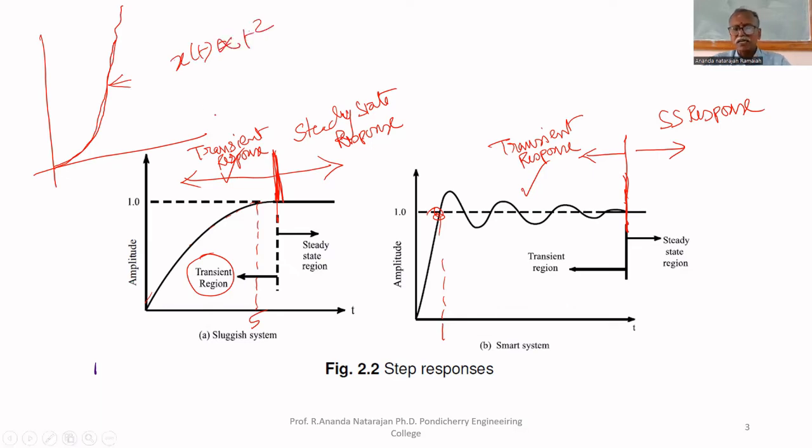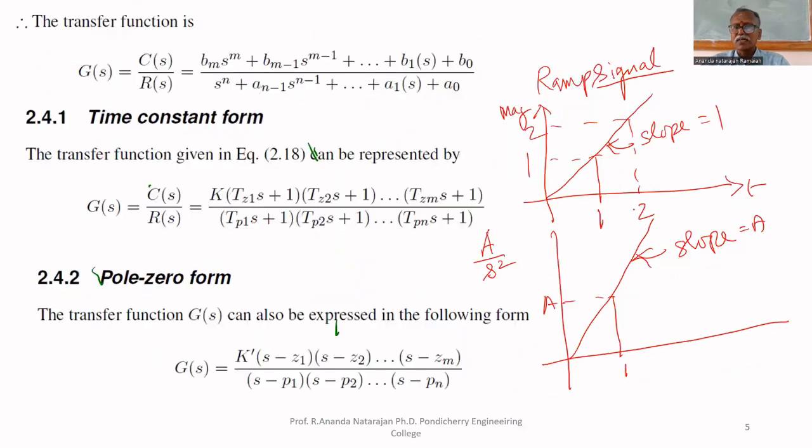For the ramp signal, x of t is proportional to t. As t increases, it increases linearly. Linear means the graph must be a straight line. That's why it is a straight line.